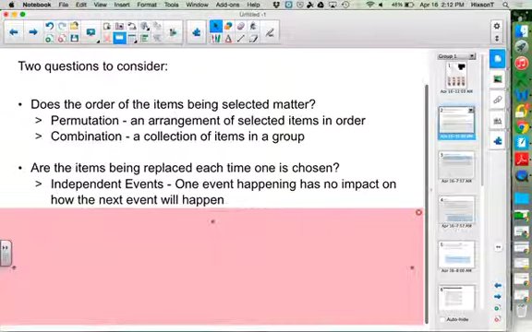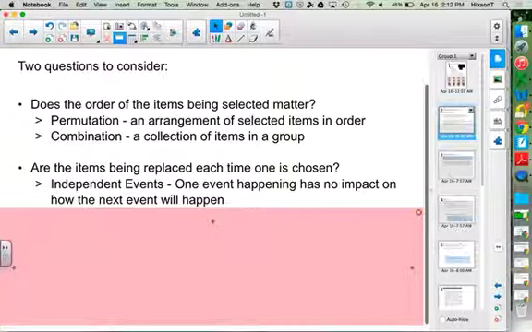Even if I pick the Ace of Hearts the first time, if I stick it back in the deck, that's not going to impact what I could get the next time. Alright? If I roll a die, and I roll a 1, and then I pick that die up and I roll it again, I could still get a 1. Okay? The chances won't change.